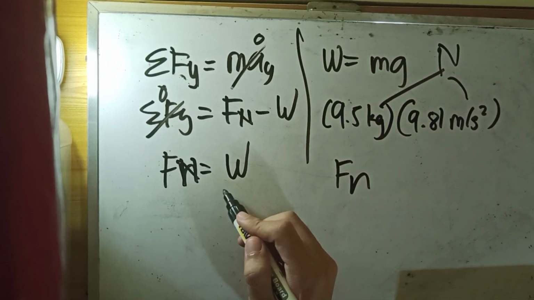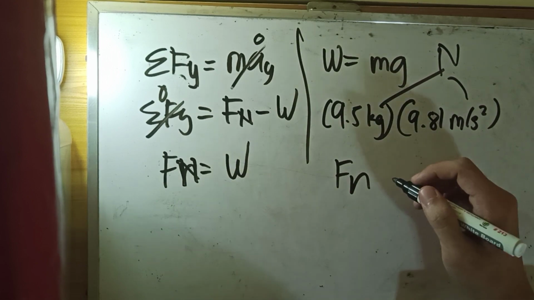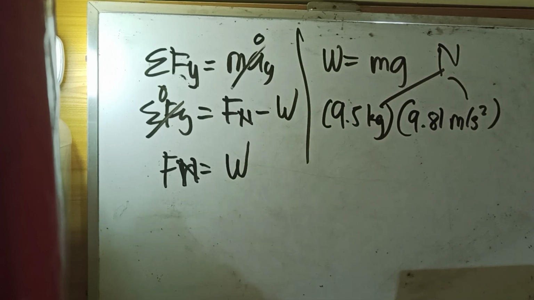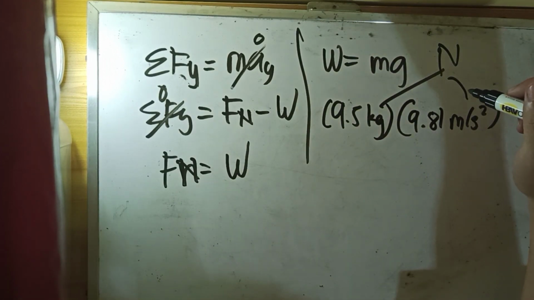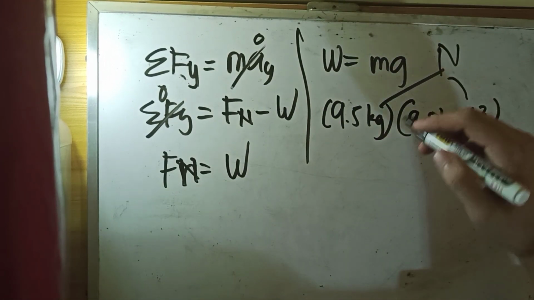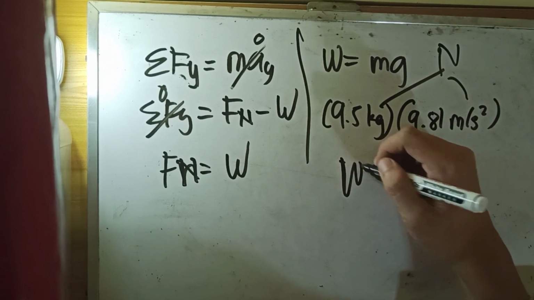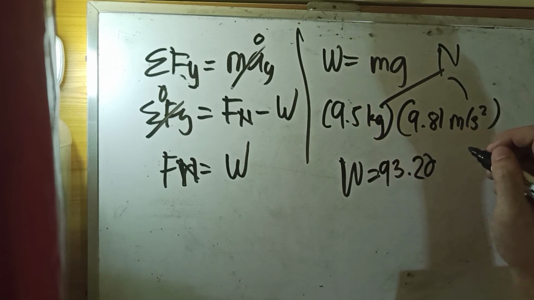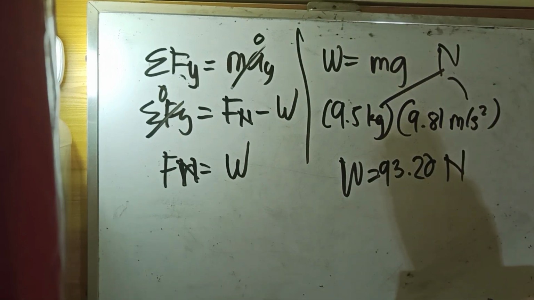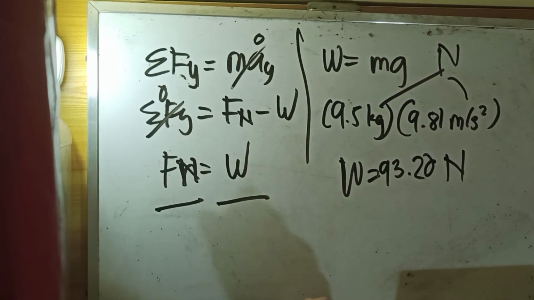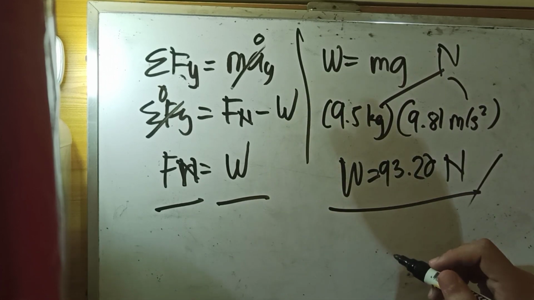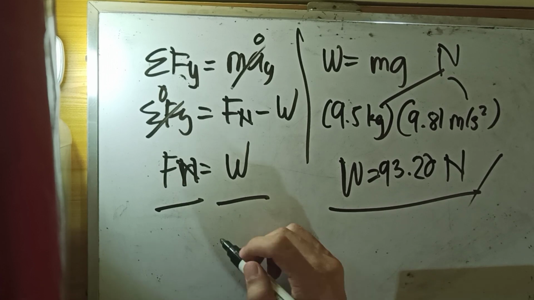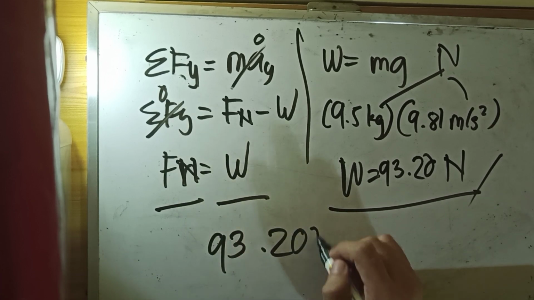By calculating, ang makukuha nating weight ay 93.20 Newton. And since Fn is equals to W, and our W is 93.20 Newton, our Fn, or our normal force, is equals to 93.20 din.